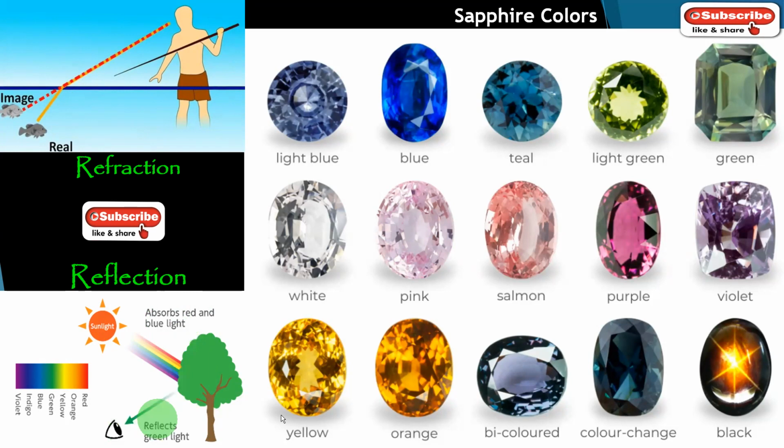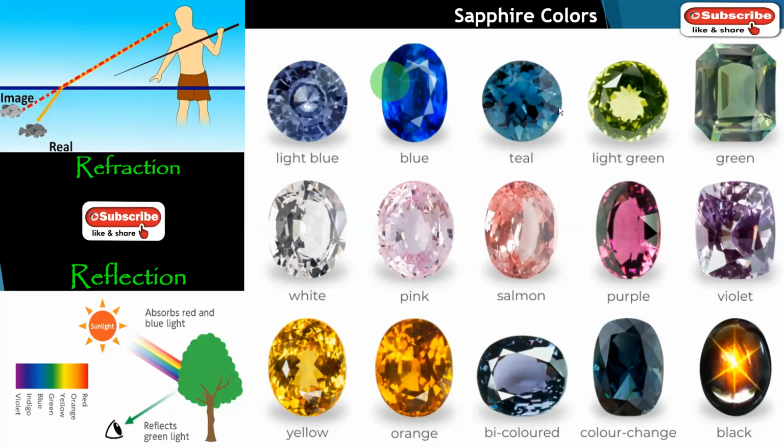That is called reflection. The tree's leaves are reflecting green light, so we can see the leaves as green in color. This is the way we need to understand. So this is called reflection, and that is refraction.